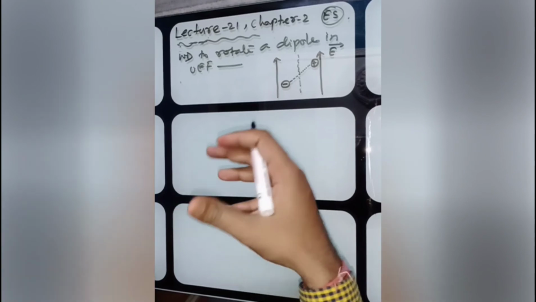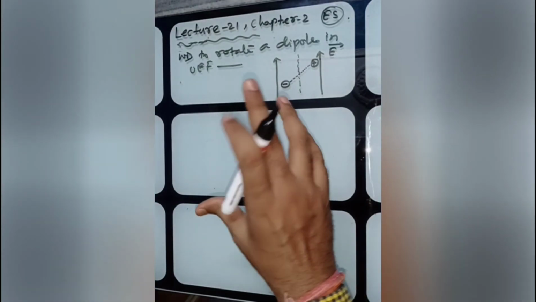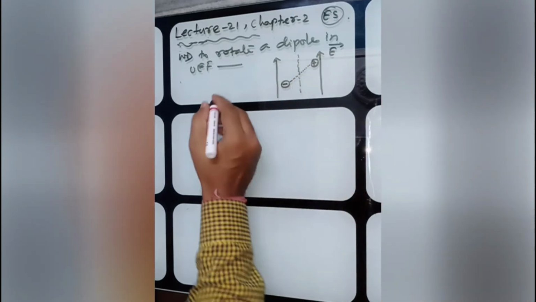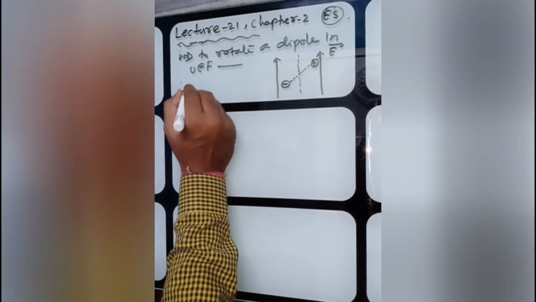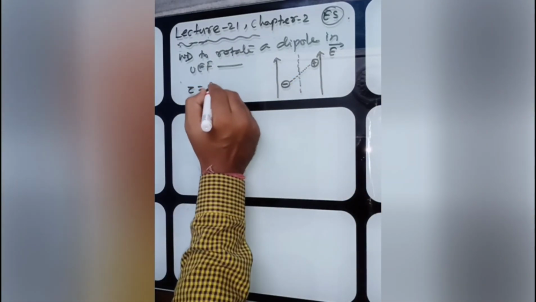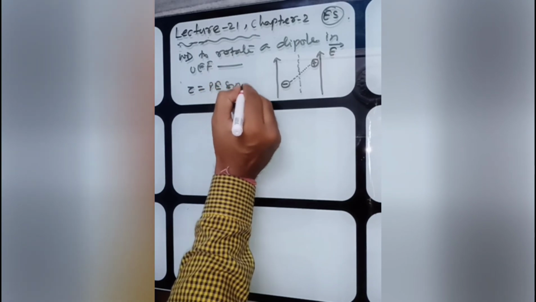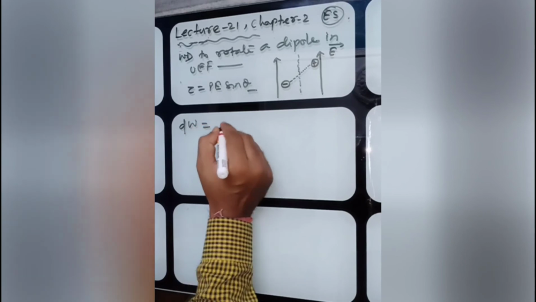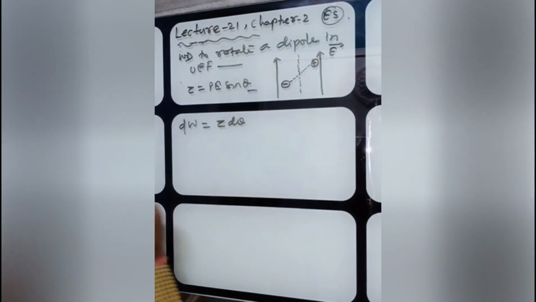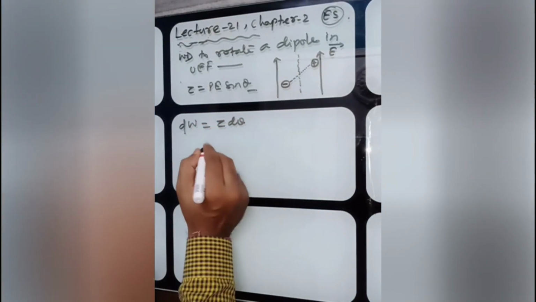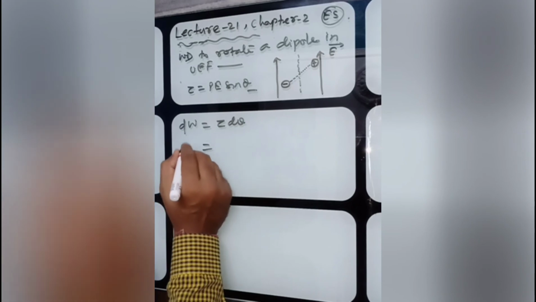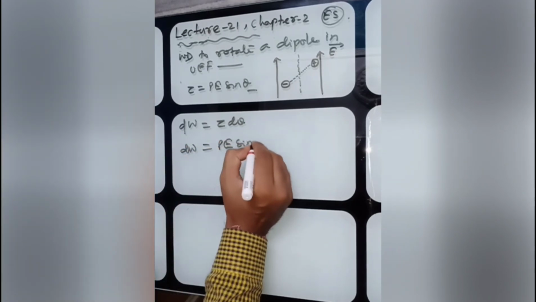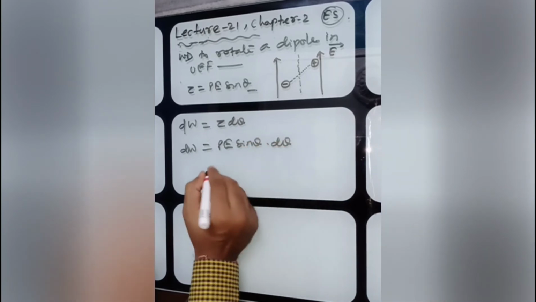As we know, work done to rotate the dipole is a very simple work done. As you know, the torque is PE sin theta, we have already derived, and small work done can be written as tau d theta. So the work done will be tau, it is PE sin theta d theta.